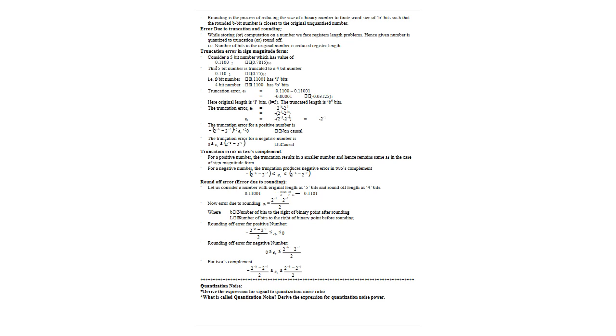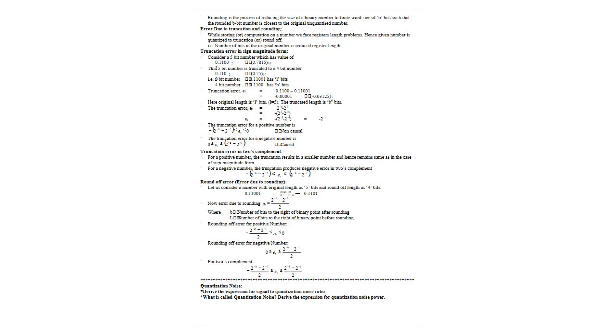Truncation means that we have to truncate the values. That means if you are having the values in the higher bit, we have to truncate the length of the bit to smaller. Likewise we have to truncate the values.